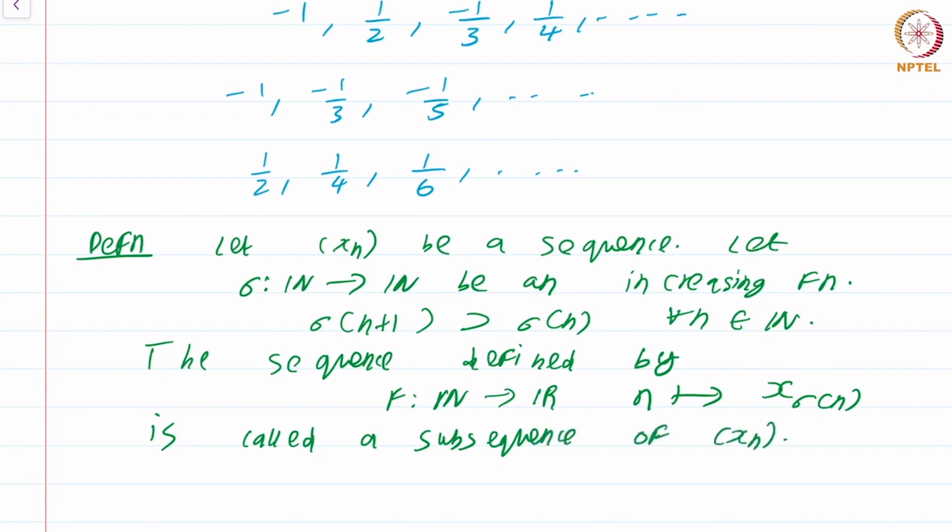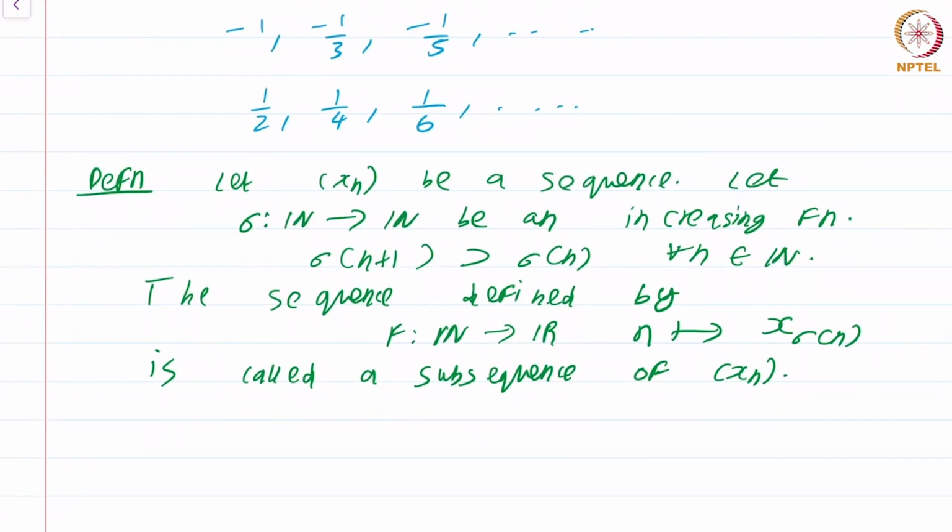So if you think about this definition, all it's saying is that a subsequence is nothing but terms selected from a sequence, but in order. You can ignore some terms, but you will have to go in the same order. You cannot change the order of the terms appearing in a subsequence. So another way to think of a subsequence is like this.